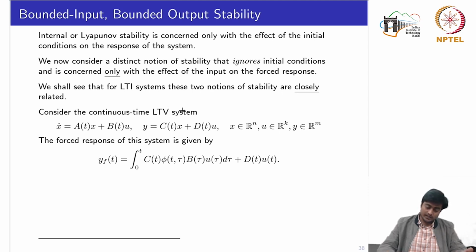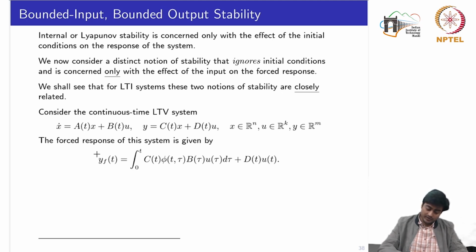So we'll start with the continuous time, linear time varying systems, where all these matrices A, B, C, D are time varying matrices. We had discussed in the first week that the forced response of the system is given by this equation.